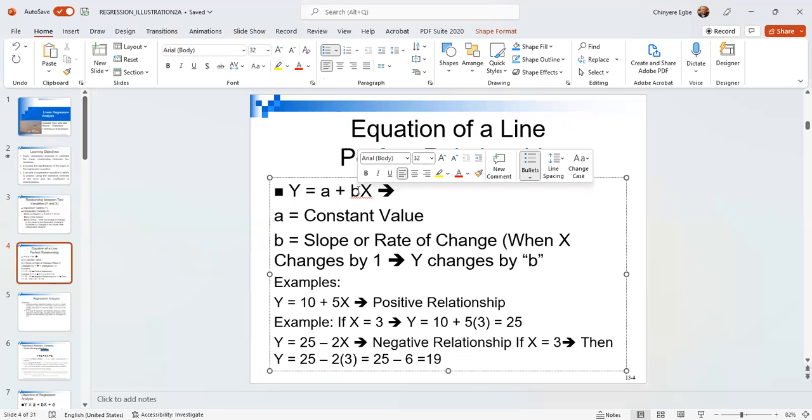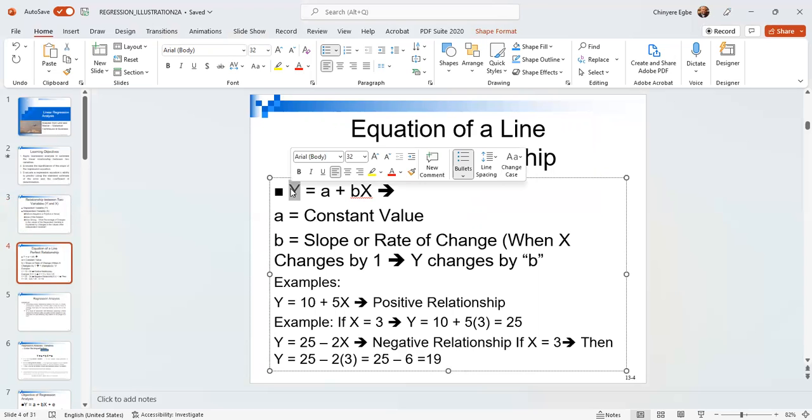If your income changes by $1, and b is 0.10, that means your expenditure on clothing will change by 10 cents. So if your income increases by $1,000, your expenditure on clothing will change by $100. That's what it is.